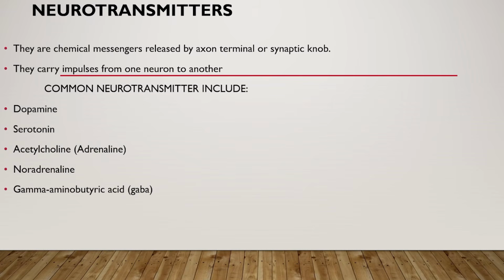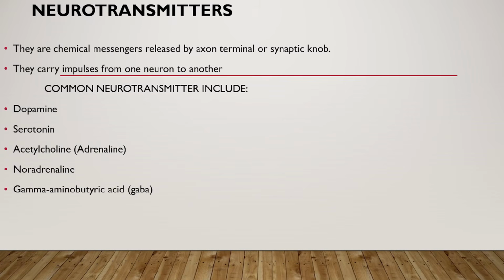Now, what happens? When impulses come from the presynaptic neuron and enter the synapse, the synaptic knob will release these chemical messengers.